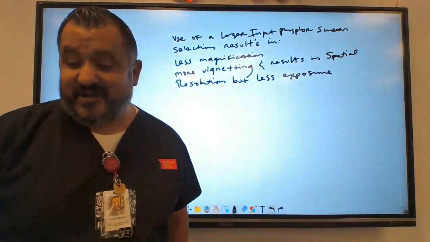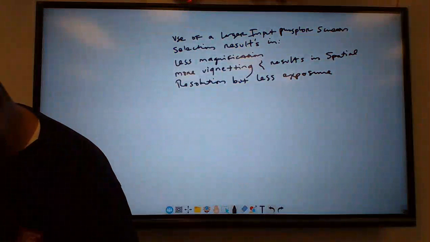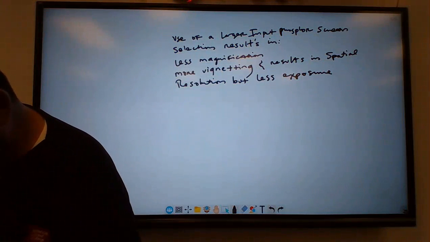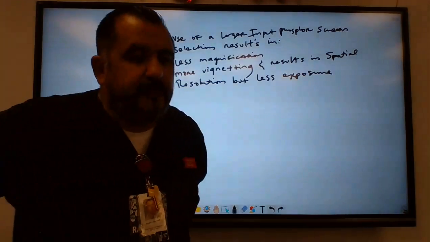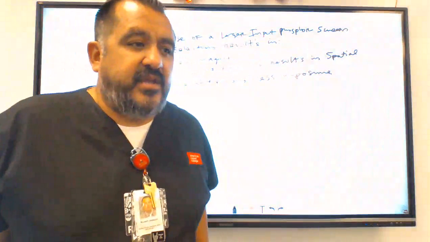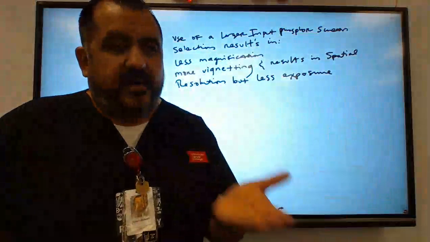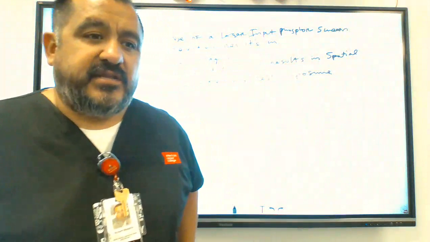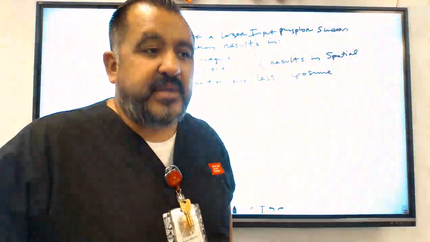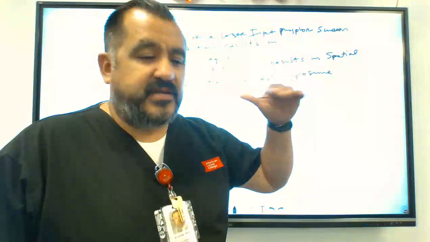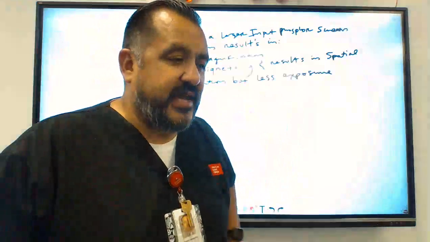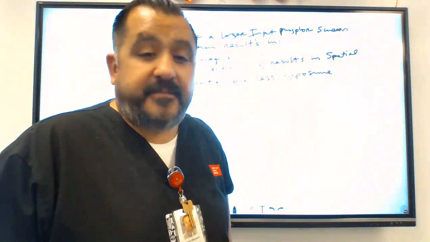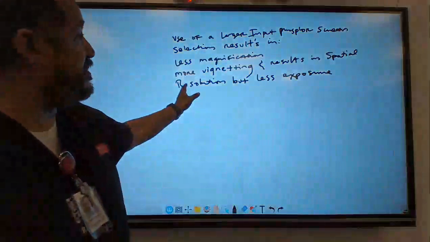All right, so just keep that in mind. Remember we said that when you have a concave surface, it can result in distortion, and that distortion can be eliminated by using what's called a flat panel detector. So I'll finish with that here in just a minute, but I want to keep going with this here.